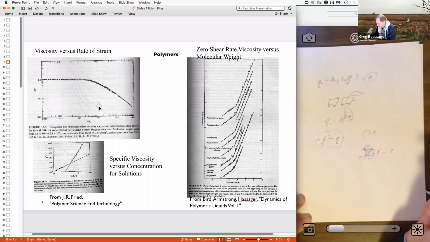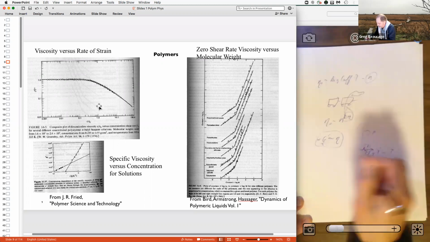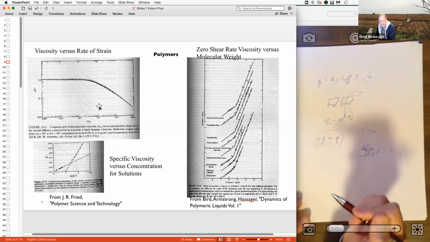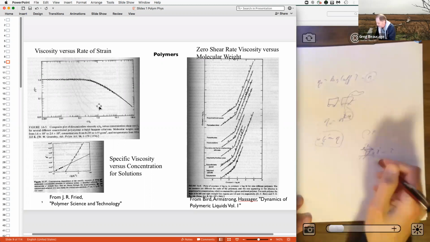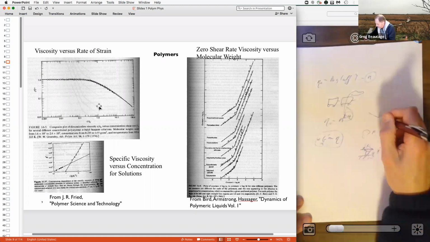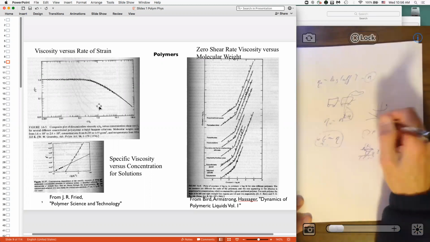So yeah, in this case, you can get the same information from an oscillatory measurement, but the way this is looked at here is just a continuous measurement, like you have the cone and plate, and you're just continuously turning this thing in one direction. It's not oscillatory. Okay.